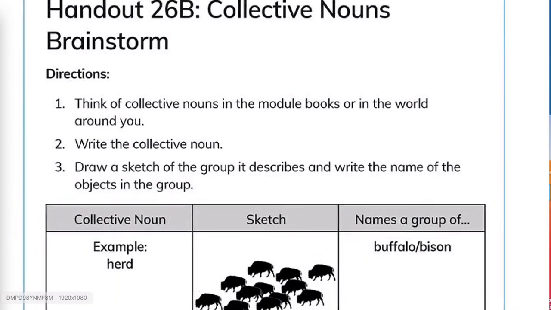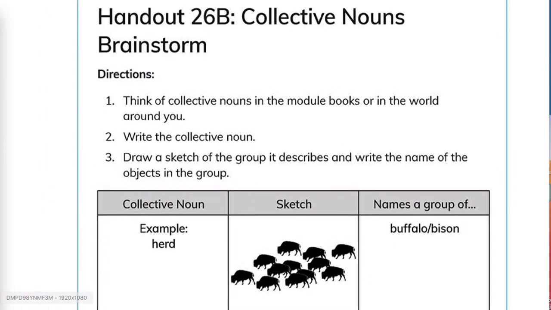Now, instead of using the collective nouns that we've already talked about, I want you to try to think of a collective noun that you might find in the classroom or in your school. For example, we talked about pencils the other day as well.